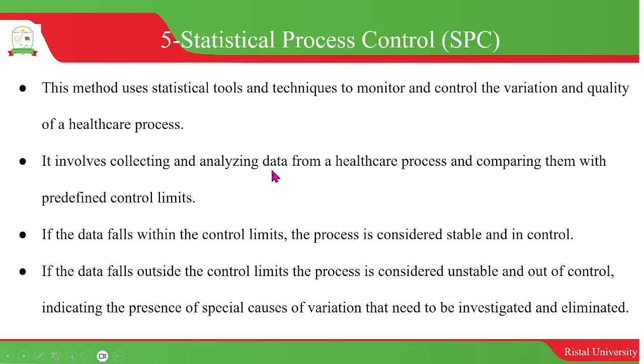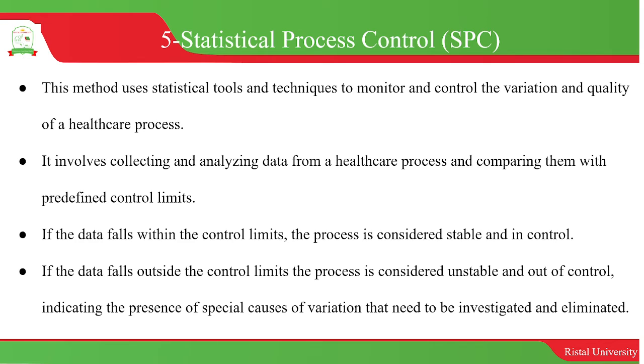It involves collecting and analyzing data from healthcare processes. Every day we record details from patients. We have our hospital registers. Why are we taking these details? Because we are using this data to analyze and visualize trends and be able to plan ahead. What are the common morbidities in these facilities?